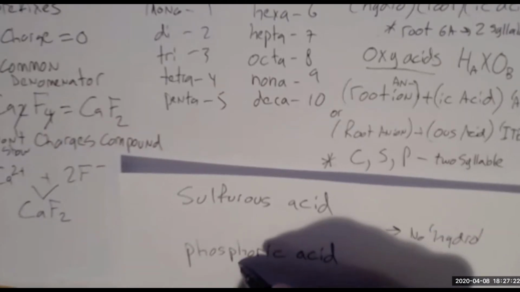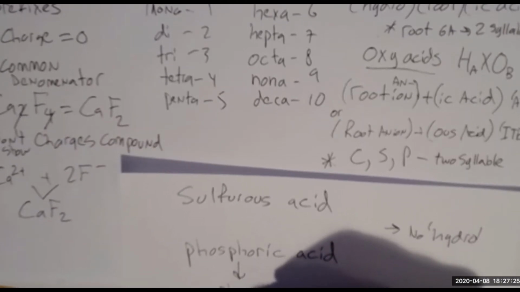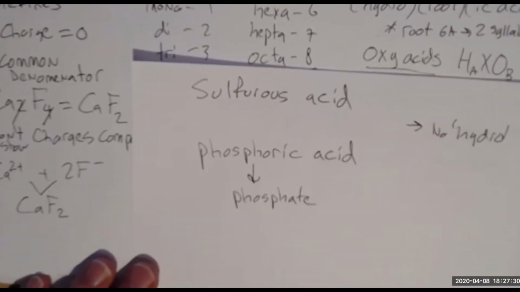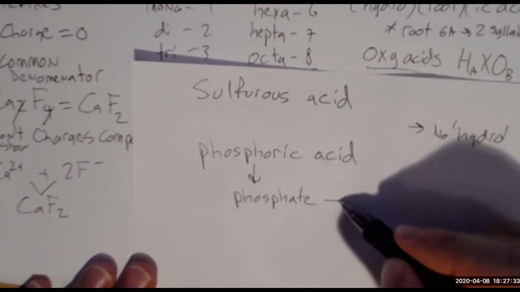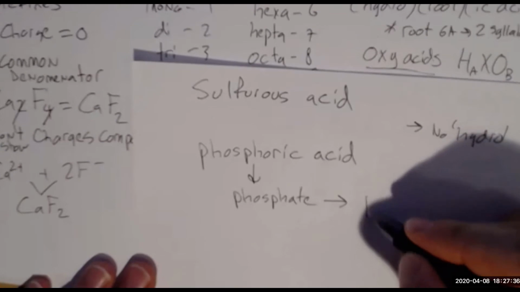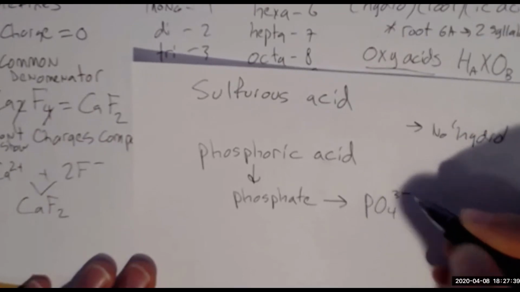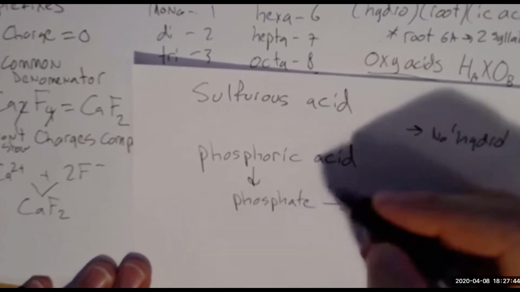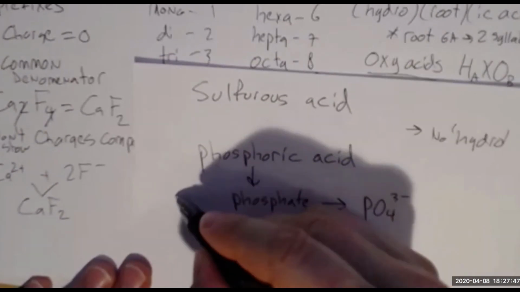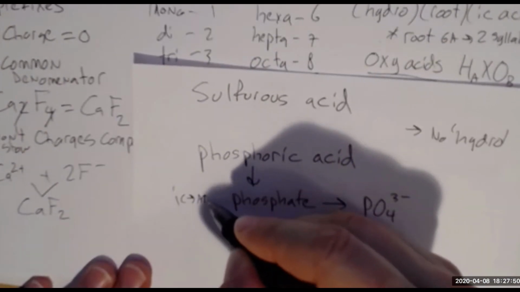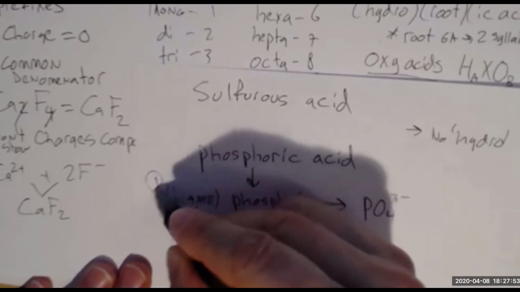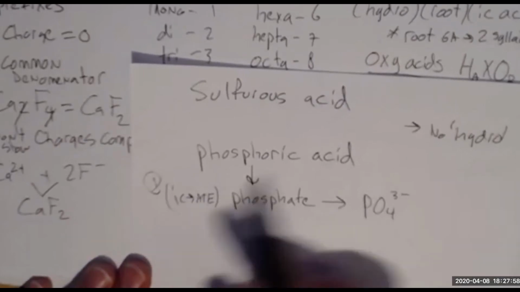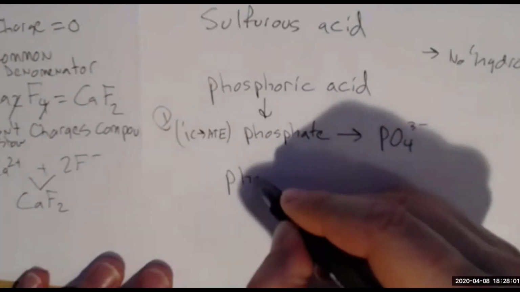So if it's phosphoric, it came from phosphate, and then I have to know phosphate is PO4 3 minus. There's kind of a decision tree. If it's an ic, then I end with an ate. Let me rewrite this. Phosphoric acid.